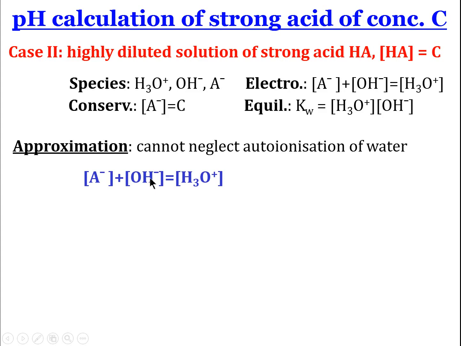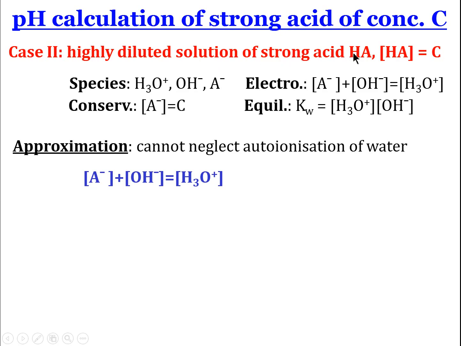By the electroneutrality, we have A minus plus OH minus equal H3O+. As we said, H3O+ has two sources, from HA and from the autoionization of water. OH minus has one source, which is the autoionization of water, and A minus has one source, which is the complete dissociation of HA.